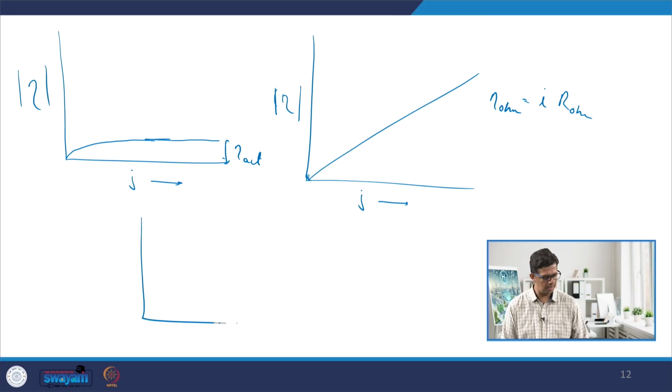However, in case of mass transfer losses, as we know, it is a logarithmic relation between the concentration loss and the current that is drawn from the cell. So, initially the mass transfer overpotential remains slightly low or minimum.